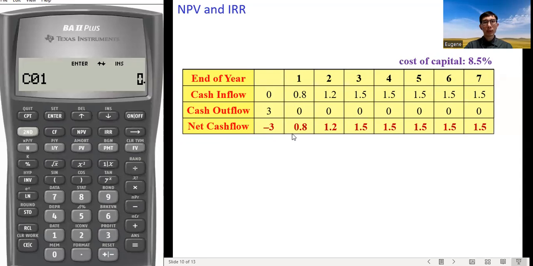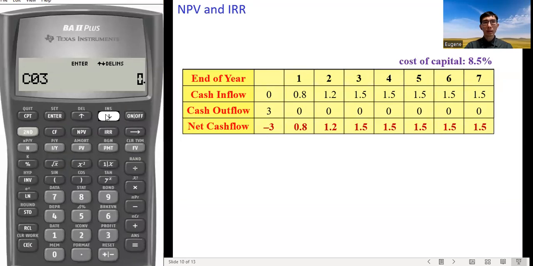And then C01, the first cash flow amount 0.8 with a frequency of 1 only. And then the next amount 1.2, the frequency is 1.